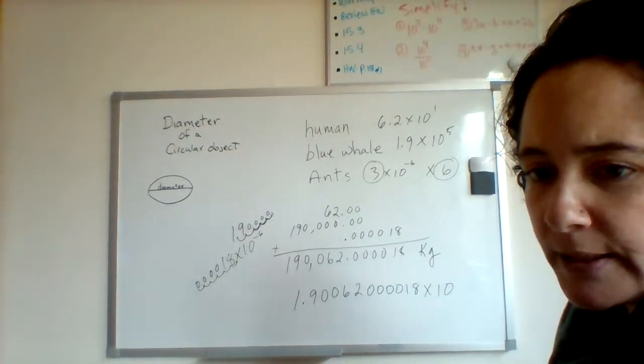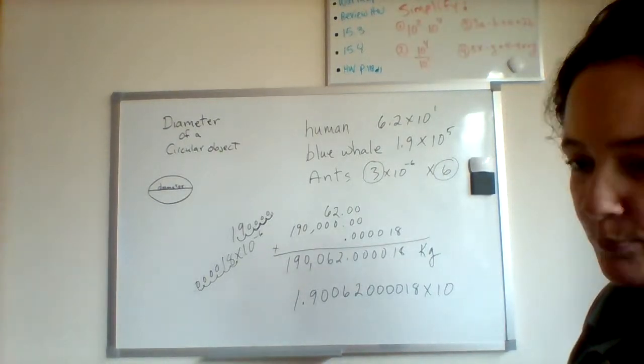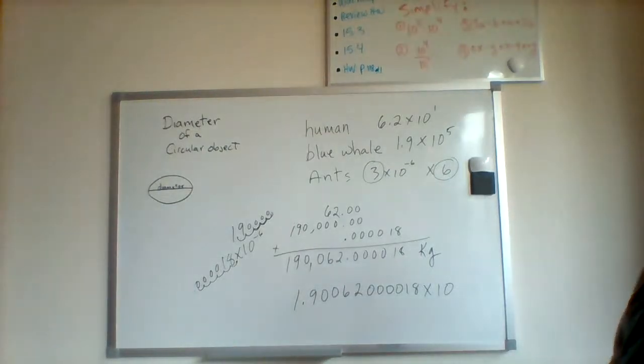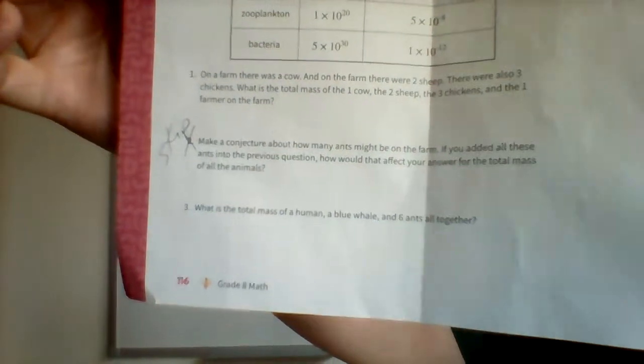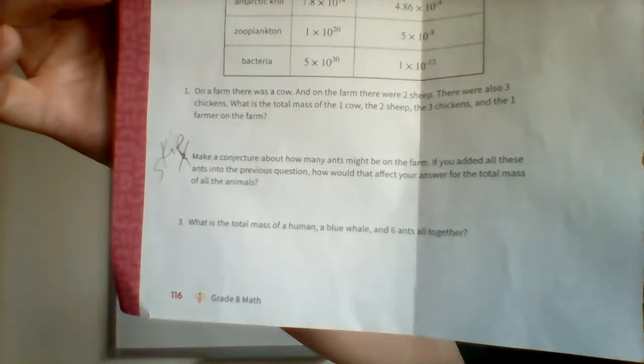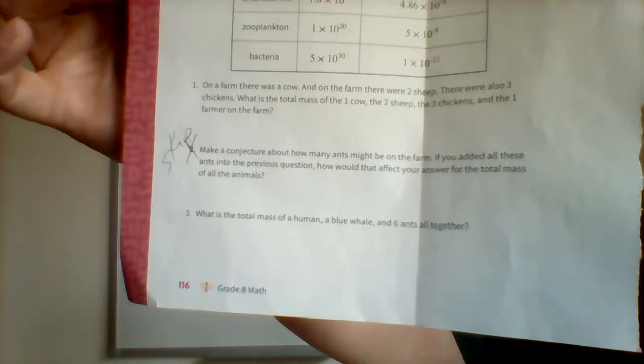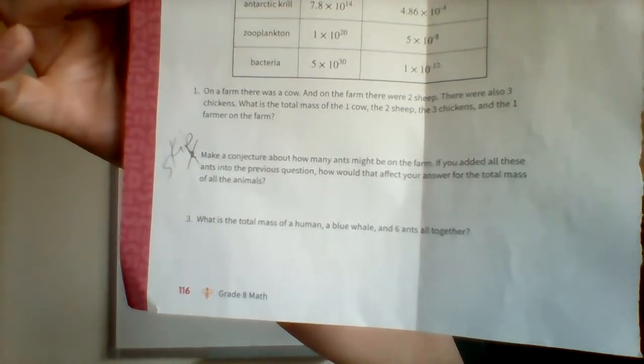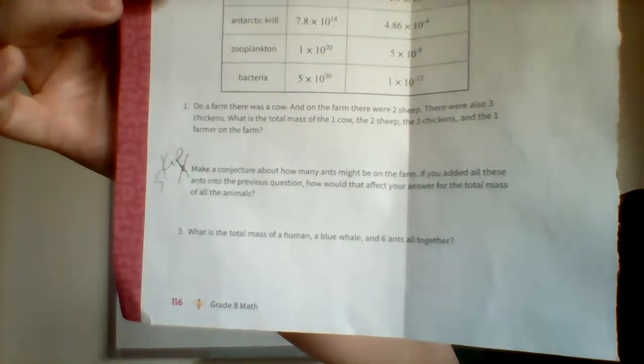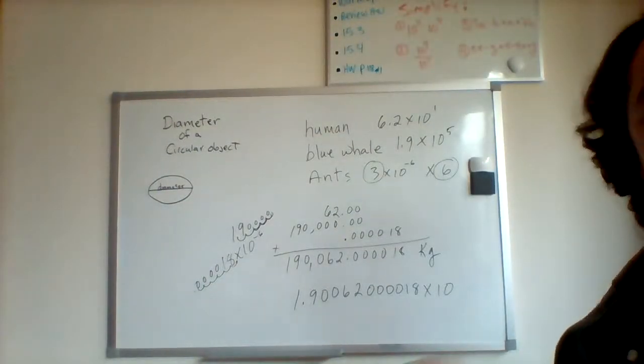Why are we multiplying 6 for the ants? If you look closely at number 3, they wanted 6 ants, 1 human, 1 blue whale, and 6 ants. I don't know why, but that's what they want. So that's what they get.